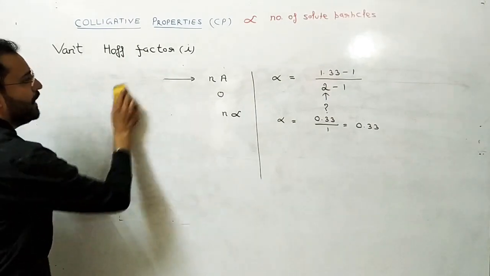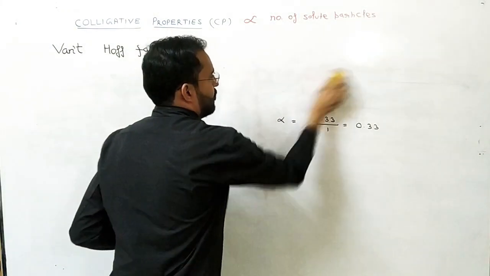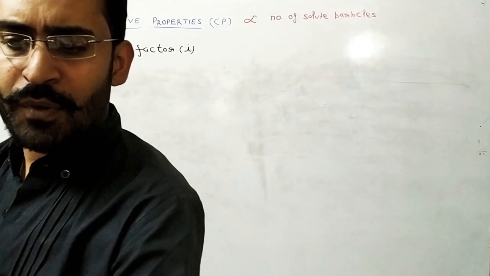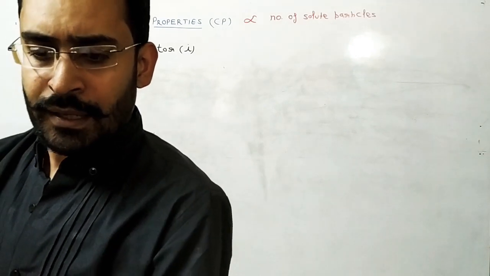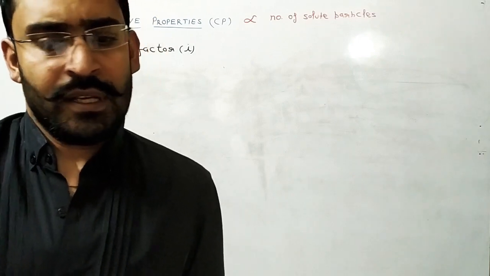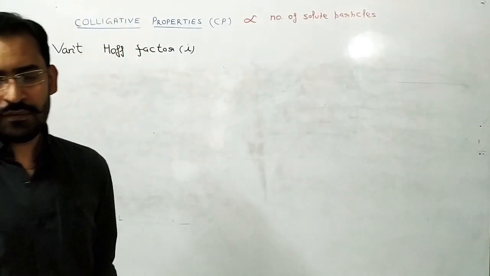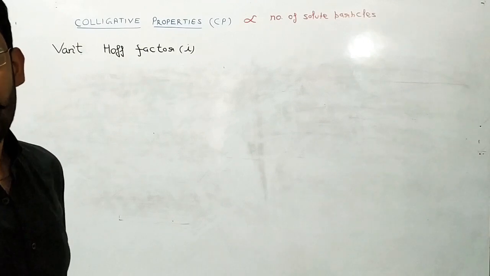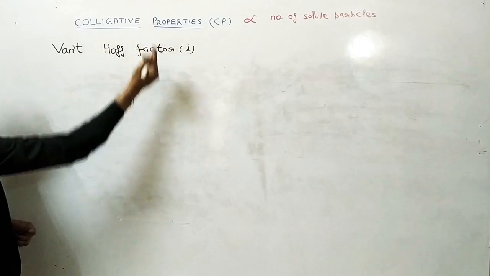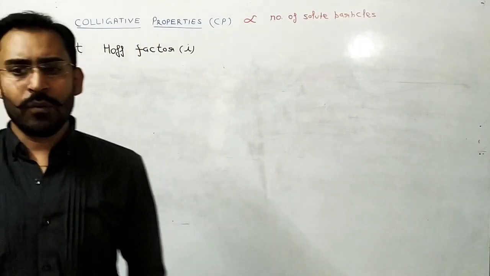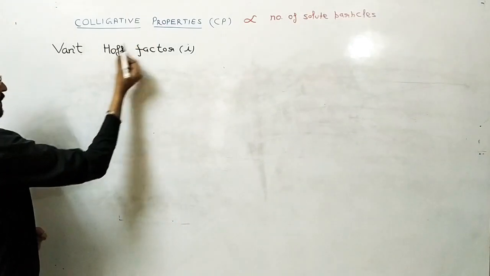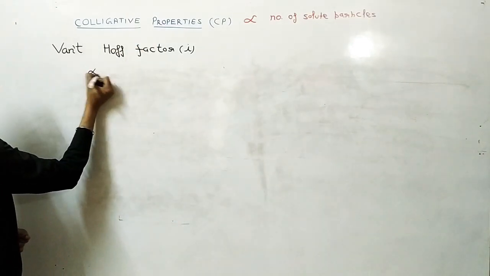Students, now I'll proceed with some small numerical problems. First problem, note down: calculate the value of alpha for an electrolyte of type AB2, which has i equal to 2.24. What is asked?